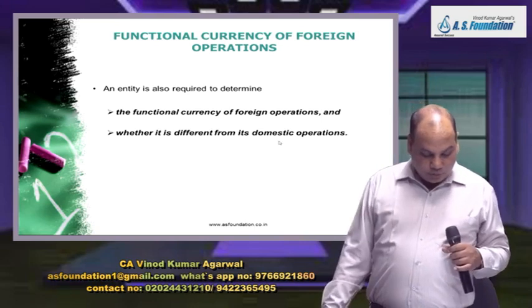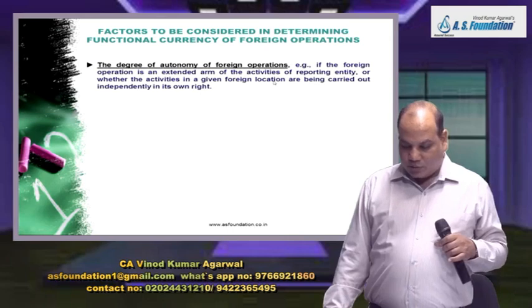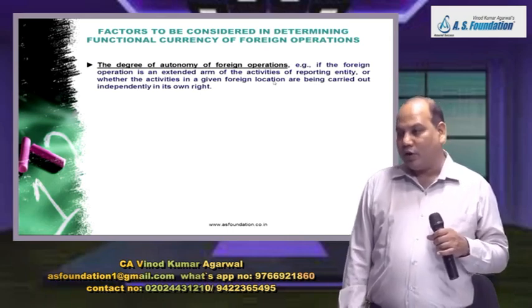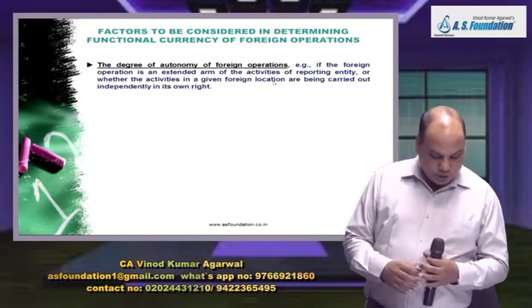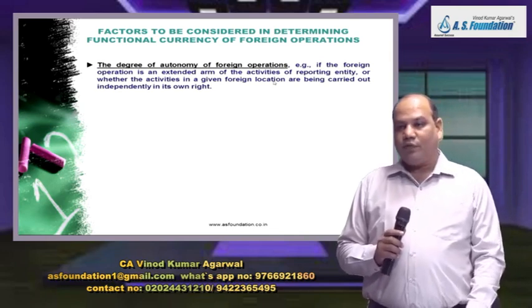So they have given you some indications again, and based on these indications we will choose the functional currency of the foreign operation. Okay, so point number 1, paragraph 7, the degree of autonomy of the foreign operation.